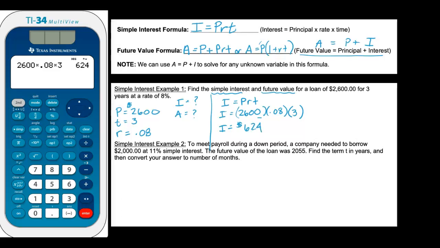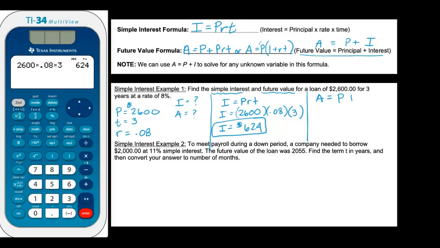So that's the amount of money that this person has to pay in interest if they take out a loan for $2,600. A considerable amount, really, when you think about it. And then for the future value, let's see, what equation should we use? We've already done the principal times rate times time, so I'm actually going to use the simpler version up here.